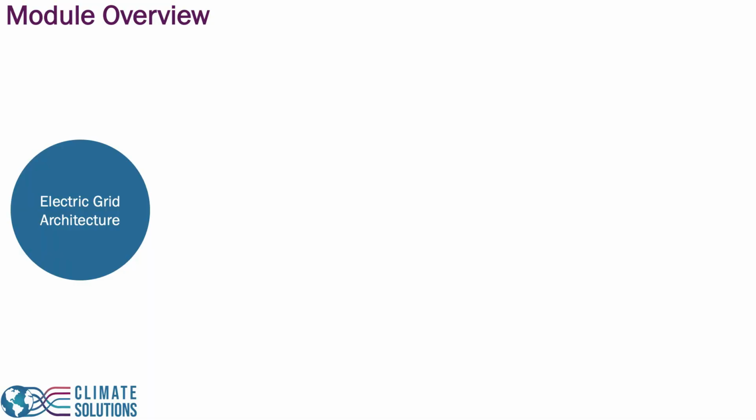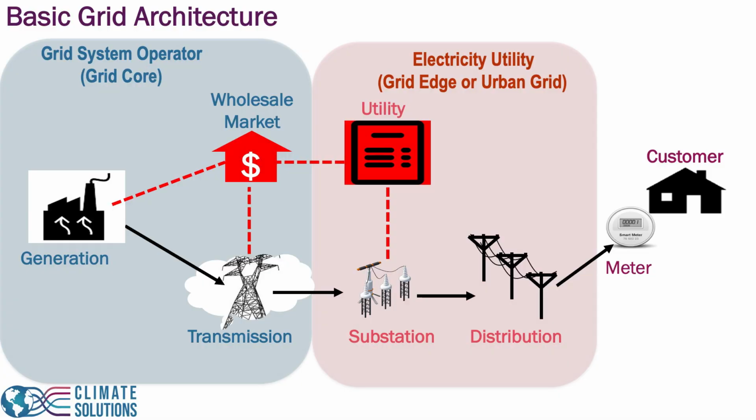The operating paradigm of the electric grid has remained the same in the last 120 years. We have utilities that look at your meter and purchase power in the wholesale market. Power is sold by generators that bid supply into this wholesale market.